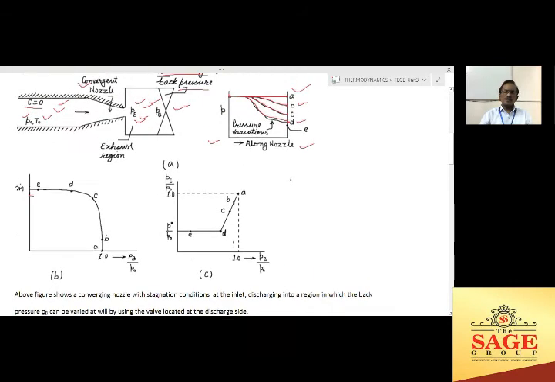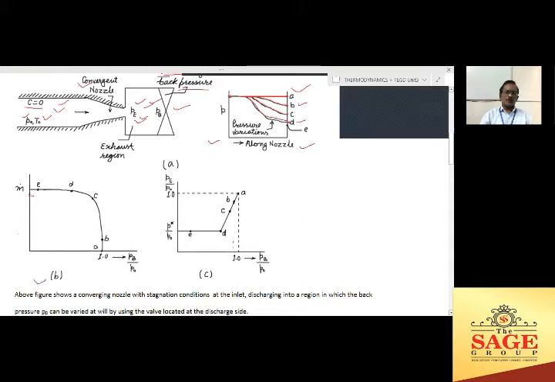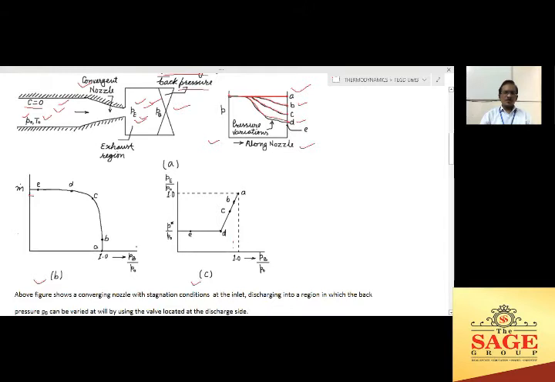Now, this flow variation across the convergent nozzle is also shown here, for the curves B and C. In this diagram, the horizontal axis shows the ratio PB upon PO, and the vertical axis shows m dot, which is the mass flow rate.